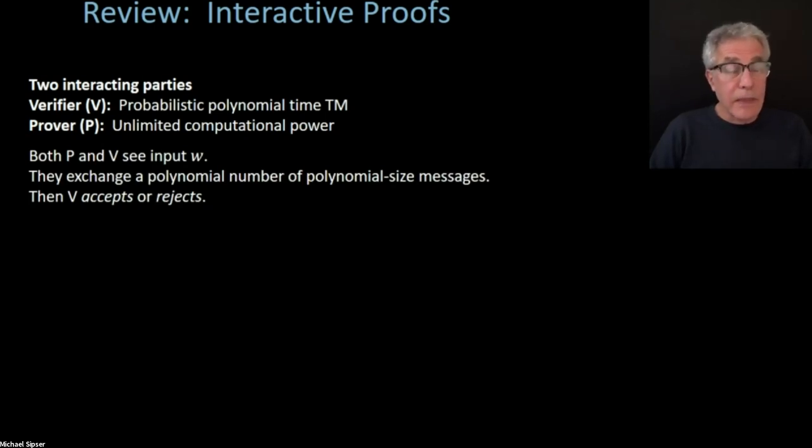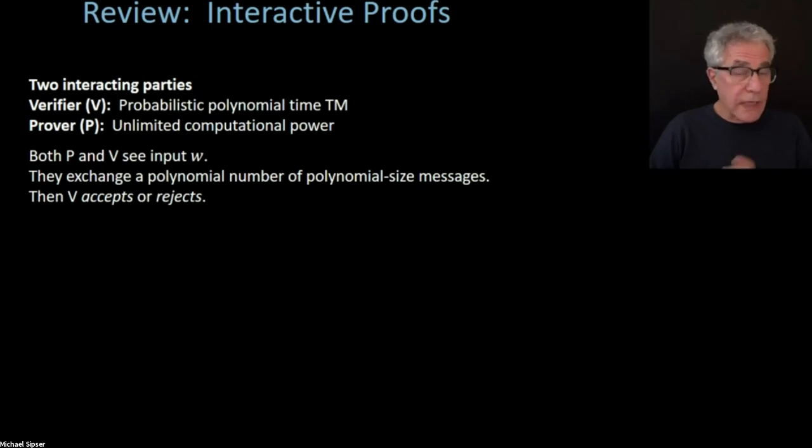However, we're not going to measure the computational power of the prover. That's unlimited. And so the prover can do things like find certificates, test whether things are satisfiable, and factor numbers, and we don't care. It can do whatever we'd like, and there's no charge for the prover's computational demands.